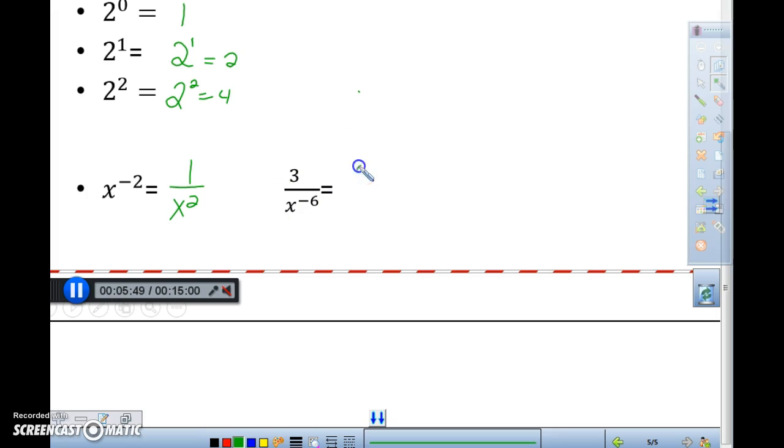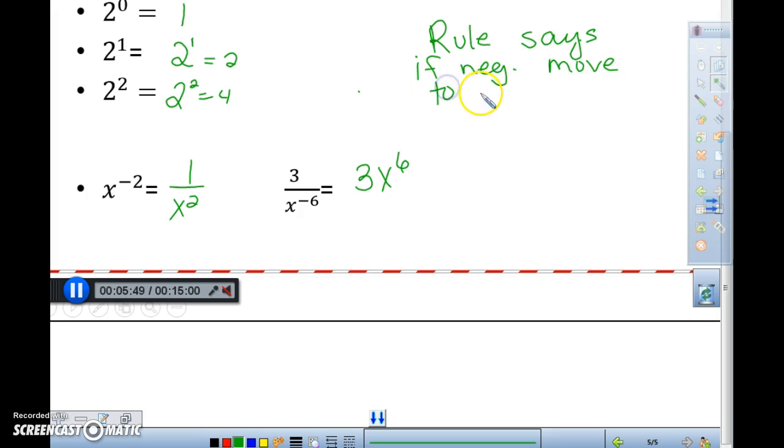So this would be 3x to the 6. The 3 would stay there. The rule says if negative, move to the other part of the fraction.